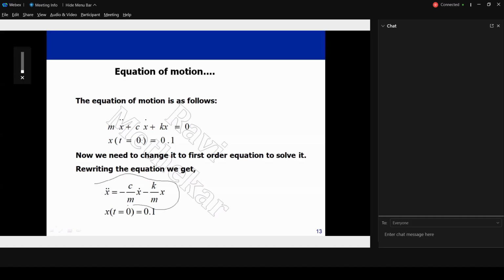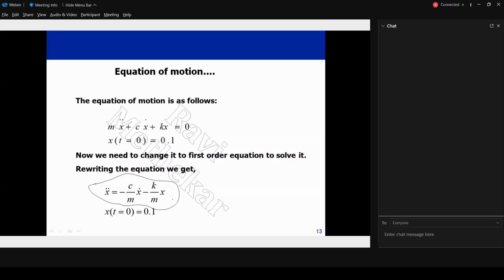I basically divided by m and took these terms to the right hand side. So x double dot is equal to minus c by m x dot minus k by m x. So x double dot, which is d2x by dt square, is equal to minus c by m dx by dt minus k by m x. This is the equation I got.